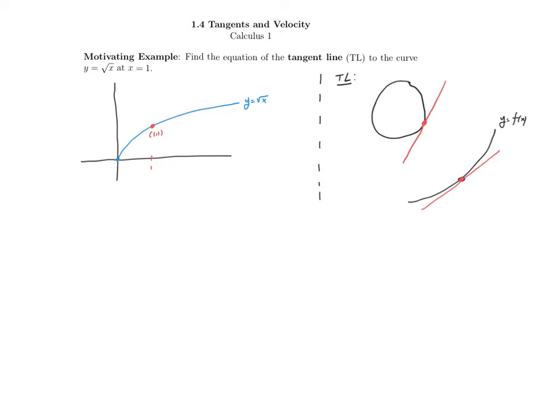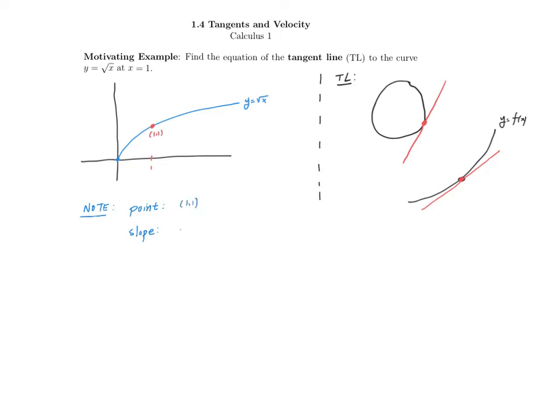Now, in general, if we want to find the equation of a line, recall that requires us to find two different things. What we need is a point, and we need a slope. Now, for the curve in question, y equals square root of x, we most definitely already have that point, 1, 1.